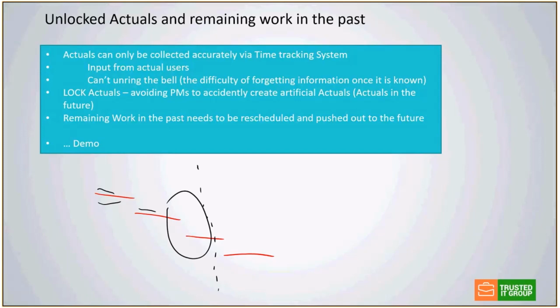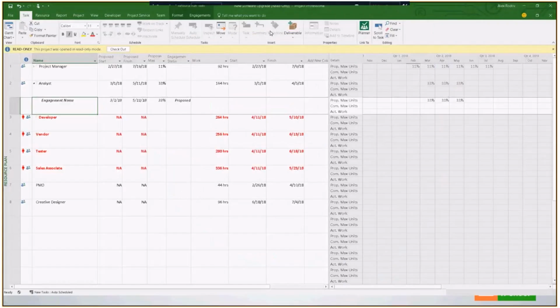Well, in my words here, the locked actuals avoid PMs accidentally creating artificial actuals in the future. So let me just switch this to a project schedule so I can show it to you on an actual project schedule. Here's the project schedule and a typical Gantt chart.